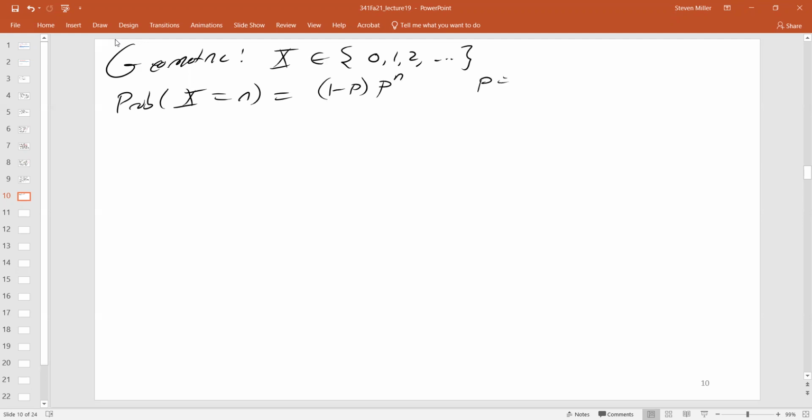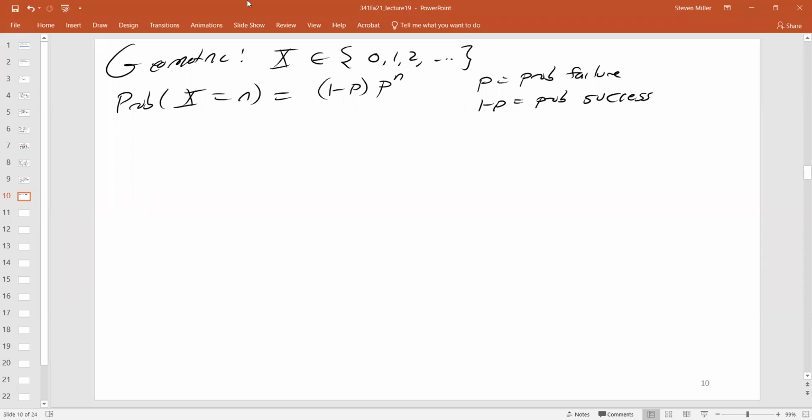So p is the probability of a failure. 1 minus p is the probability of success. It bothers me a little bit that p is the probability of a failure. Yeah, I like to think of things more positively, but it's just more convenient when we're doing our geometric series to be looking at it like this.